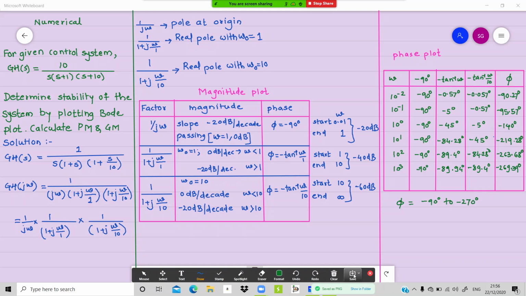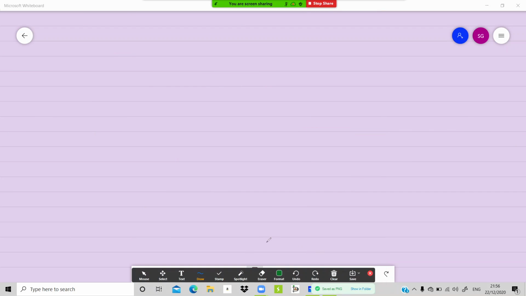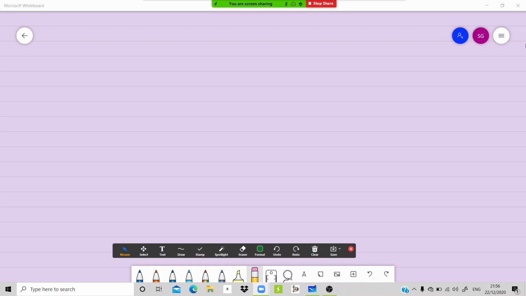Let me save this. And I'll take the image of the Bode plot first.